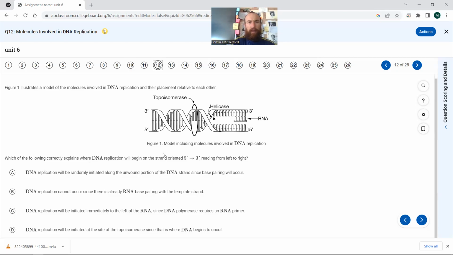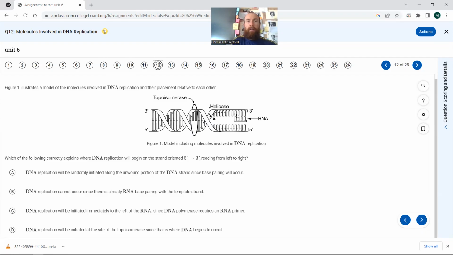But I think they are talking about 5 to 3 being this one. Your 5 to 3 ends up being this top one here, where the RNA primer is already present. And we can see that it's going to go into the replication fork, because 3 to 5 means that this RNA is 5 to 3. 5 to 3 works for me.